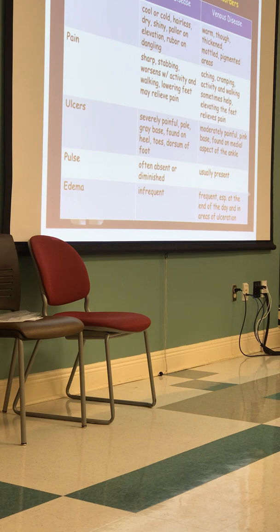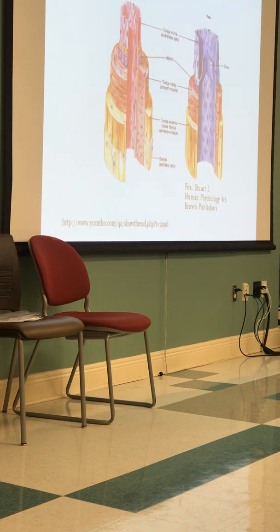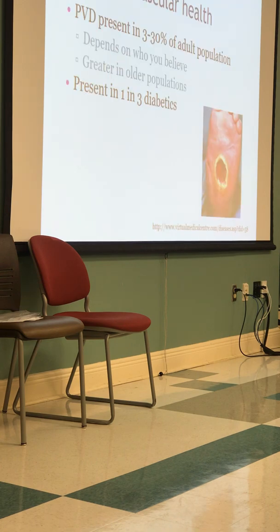Ulcers, remember, if you don't have blood flow, any wound you have will not heal, okay? So they have severely painful, pale, gray-based ulcers found on the toes and the heels and the dorsum of the foot. That one we saw over there, that was one of them.